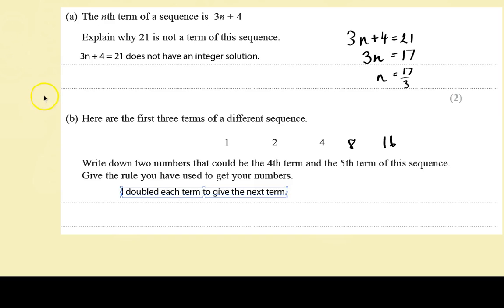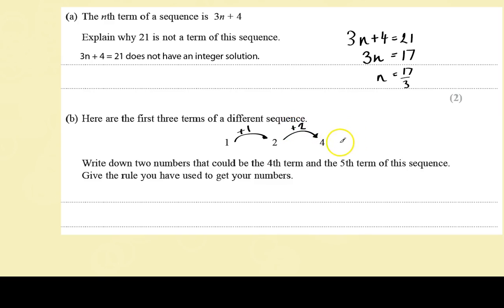Okay, another one which was possibly harder to explain was to notice, okay, what's being added each time? That is plus 1. That is plus 2.